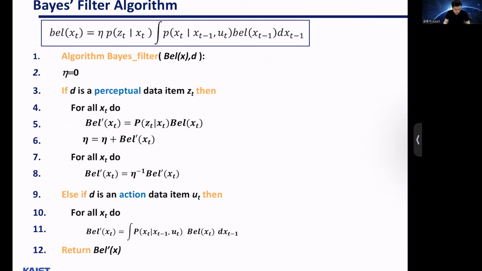Okay, so the given input would be belief x and d, and then you initialize eta, and then if d is an input for z, then you carry out this part. Or if d is an action data item u, a control input, then you conduct this part.